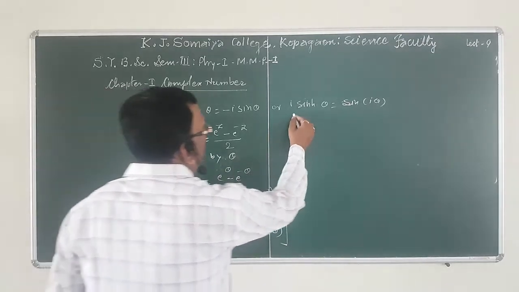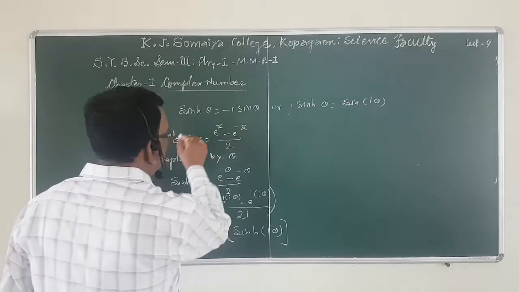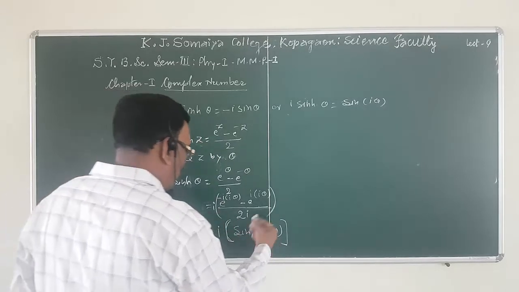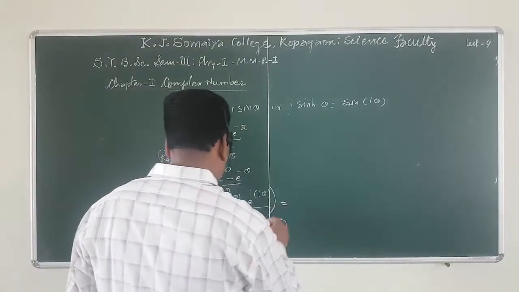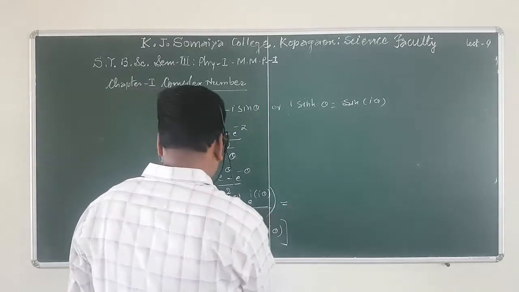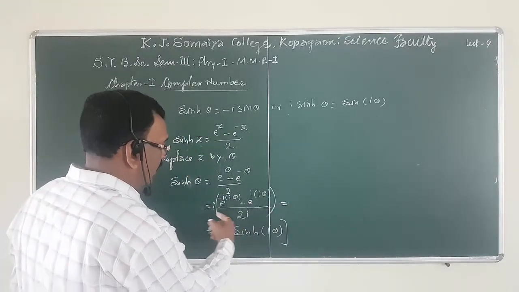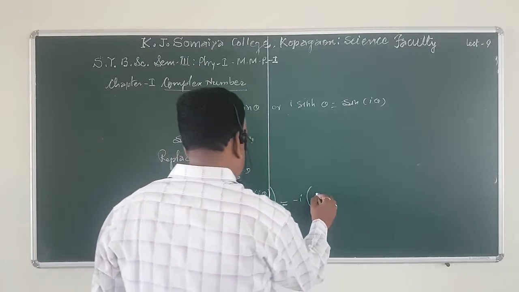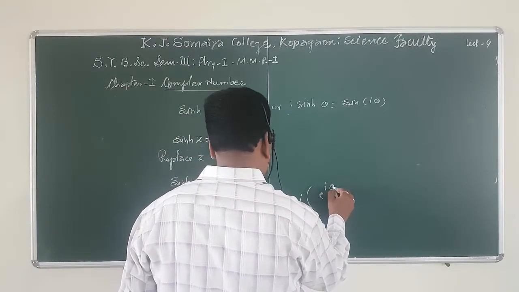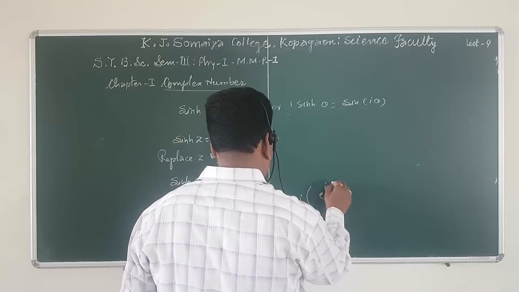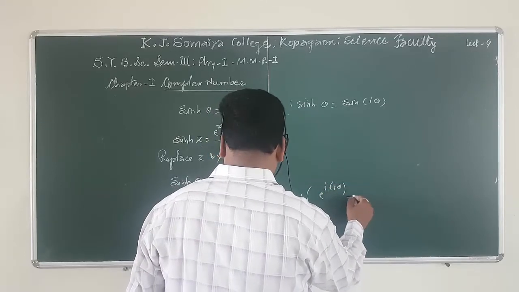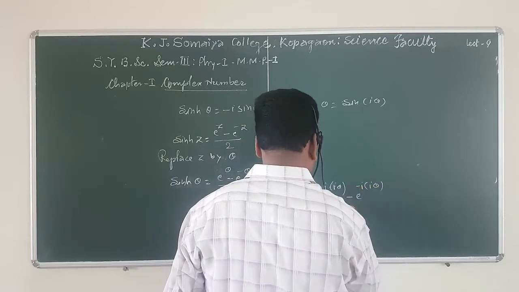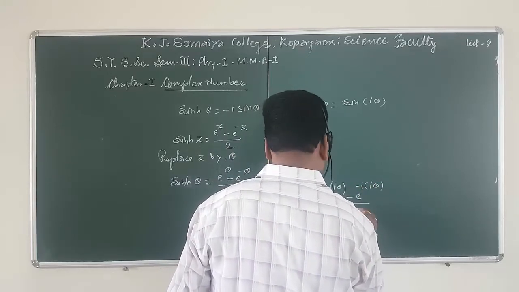Hence, we have here one more arrangement. I just forgot it. Take the minus sign out of the bracket, minus i times (e raised to i theta minus e raised to minus i theta) upon 2i.